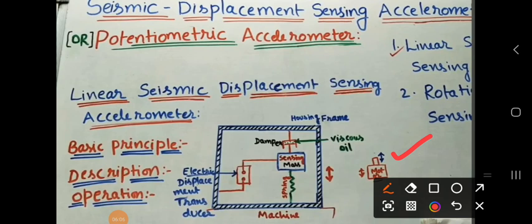Here we have a motor, which will be vibrating. We place this instrument at the top portion of the motor or engine, so it will also be vibrating. If there are any accelerations of the vehicle or machine, the instrument also accelerates or vibrates, moving vertically and linearly.